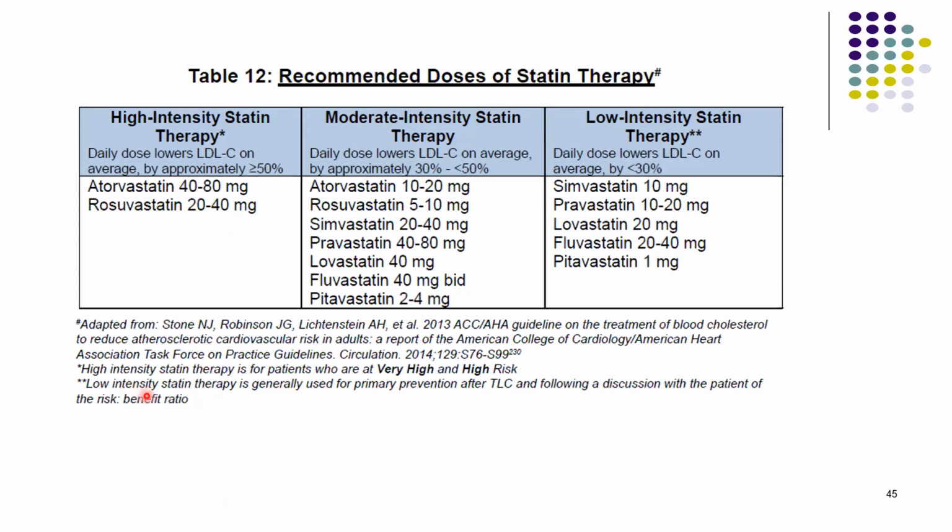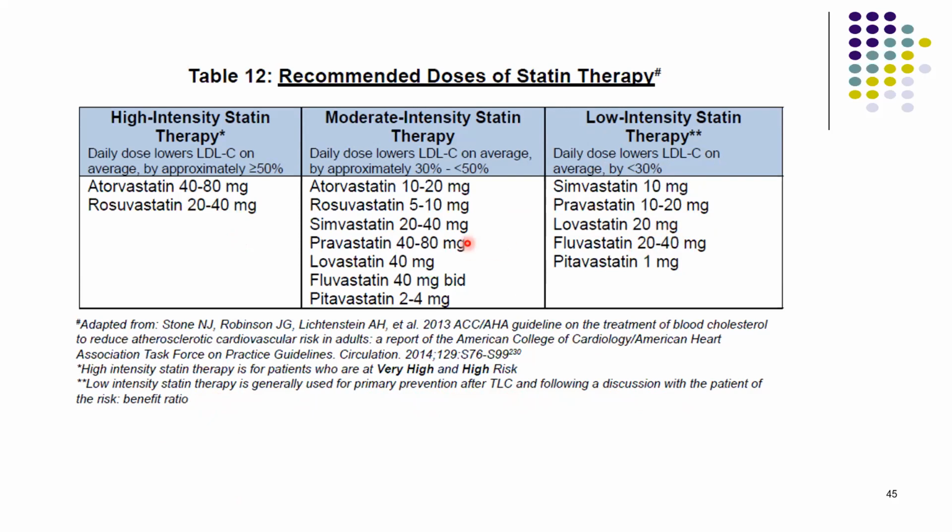Low intensity statin is generally used for primary prevention after TLC, therapeutic lifestyle changes, and following a discussion with the patient of the risks and benefits. This is for the low intensity.